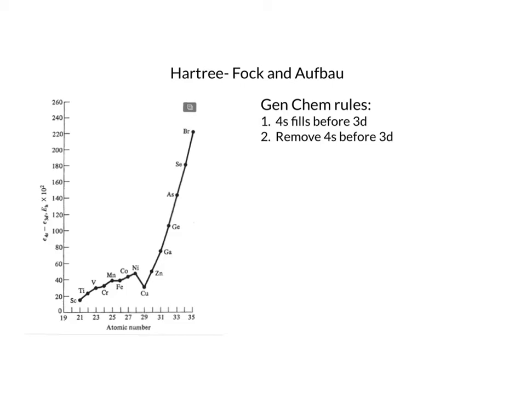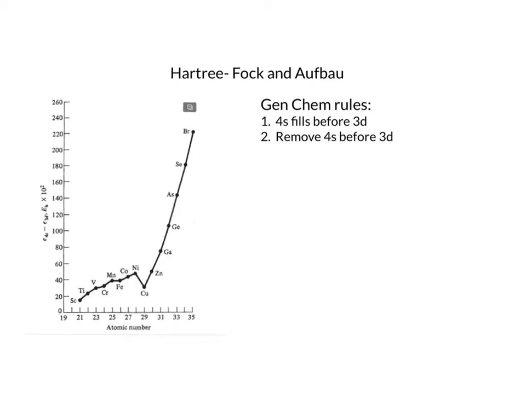So I've shown here a graph that shows the difference between the orbital energy for the 4s and the 3d. And this is for the fourth row elements. So we can see that in fact that difference is always positive.